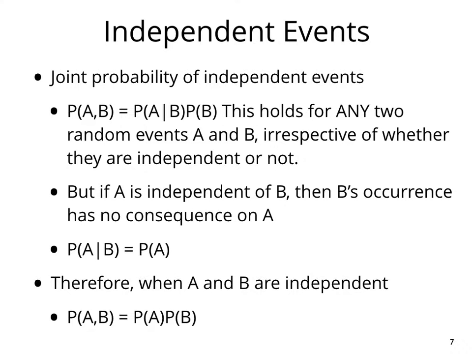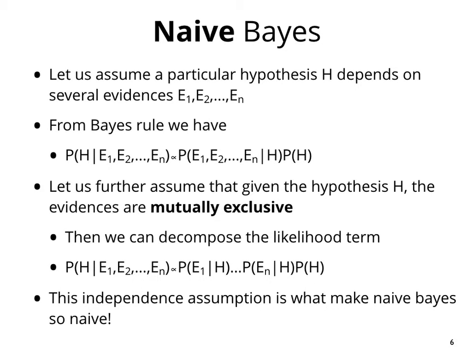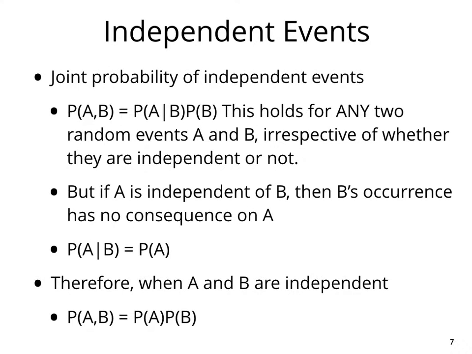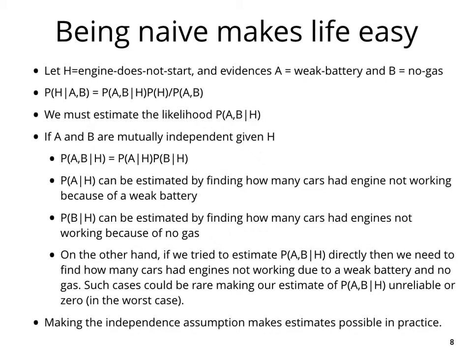Now if you substitute this back in our formula, P(A given B), the joint probability of A and B becomes the product of probabilities P(A) and P(B).